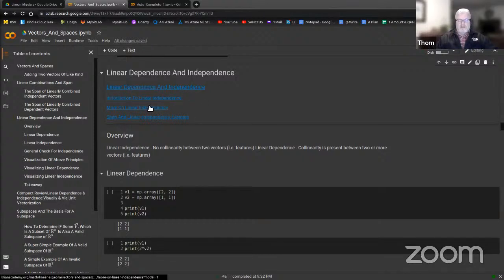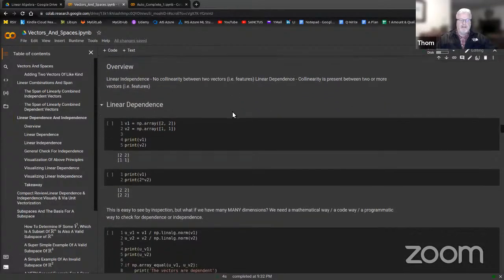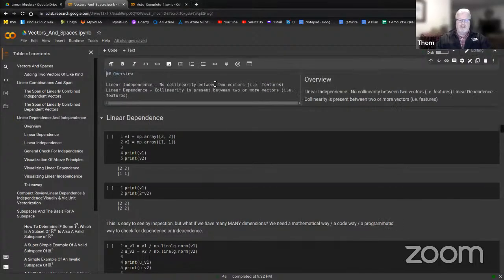And again, I try to put all the links to Saul's lectures here, and we're using Python and LaTeX to help us understand better. So linear independence, again, and I'm mixing our language with linear algebra and data science, means there's no collinearity between two or more vectors.